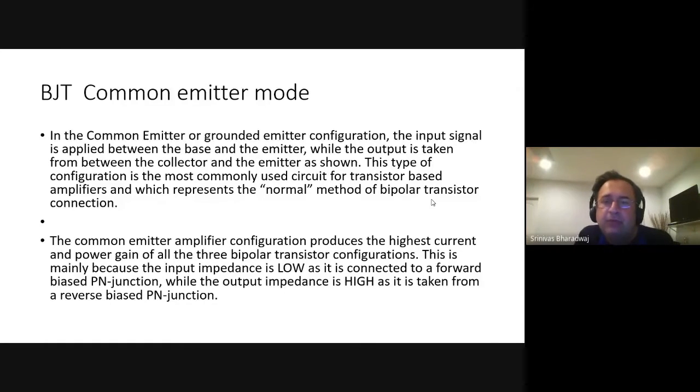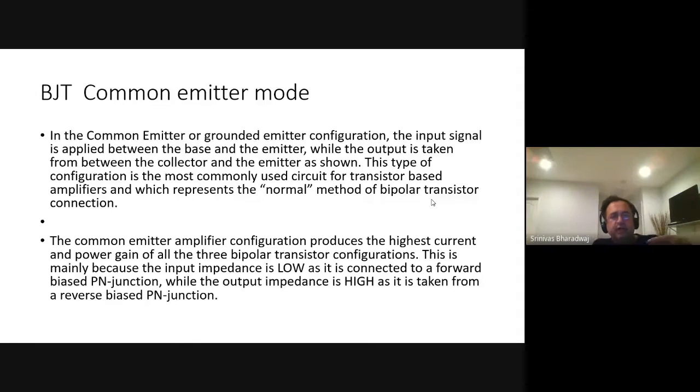Now the output impedance is high, while at the input the impedance is low because it's forward biased. A transistor can be thought of as consisting of two junctions, two diodes.